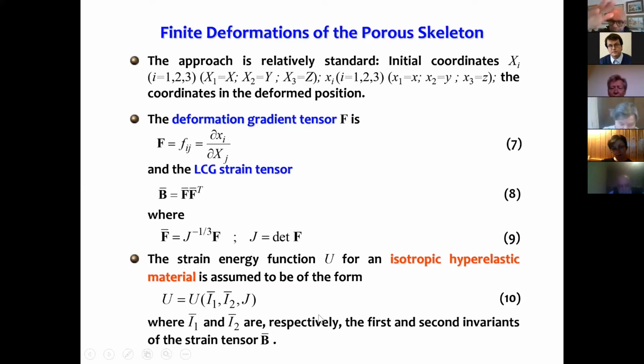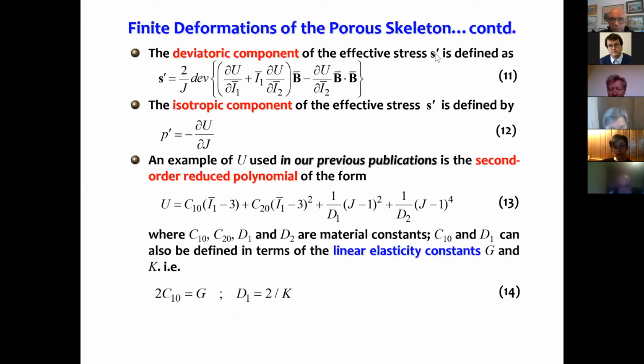So this is really conventional continuum mechanics, and that means I can get the deviatoric part of the effective stress given by this expression. This is again standard continuum mechanics. And the isotropic part is really the derivative of the strain energy function with respect to the invariants of the left Cauchy-Green strain tensor.